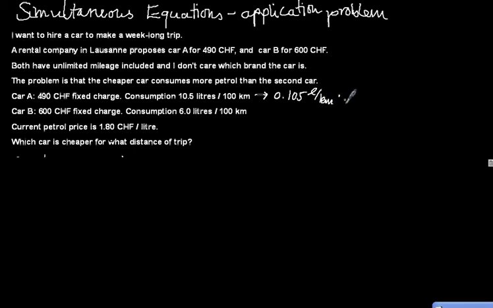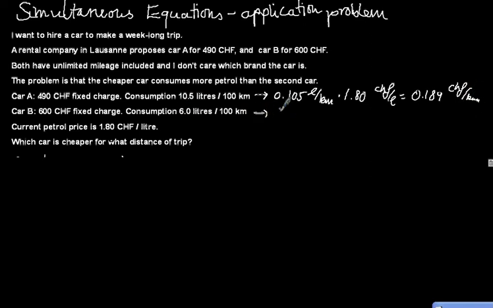And if I multiply that by 1 franc 80 CHF per litre, I'm getting the price per kilometer. So my calculator tells me that the answer to this is 0.189 CHF per kilometer.